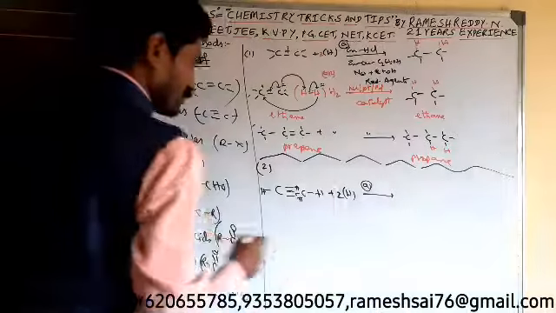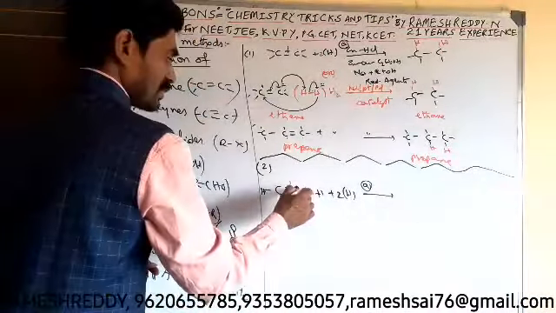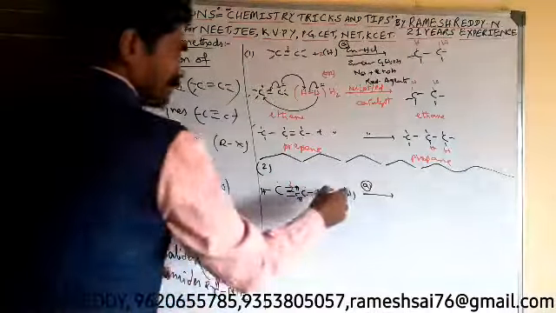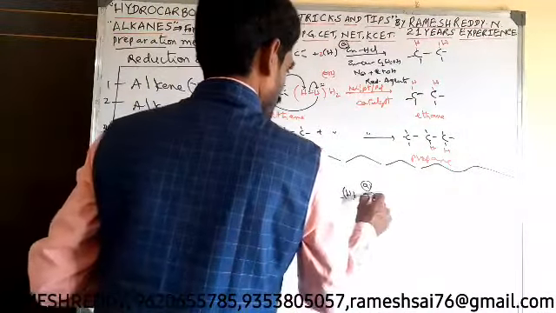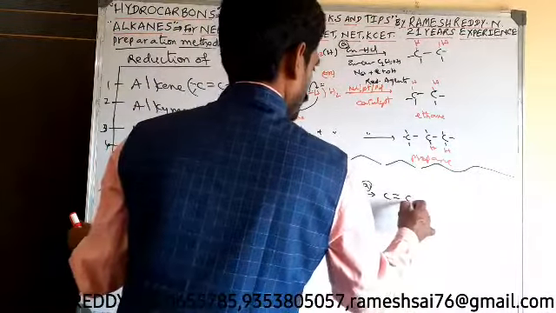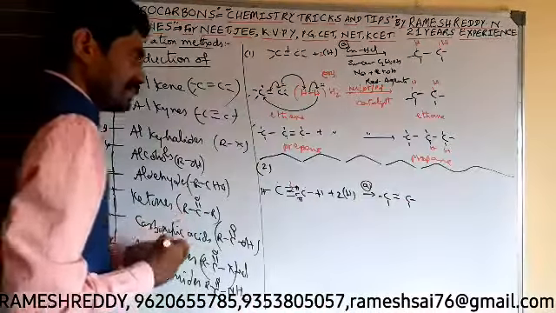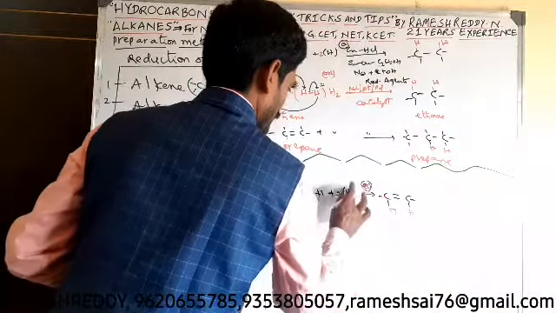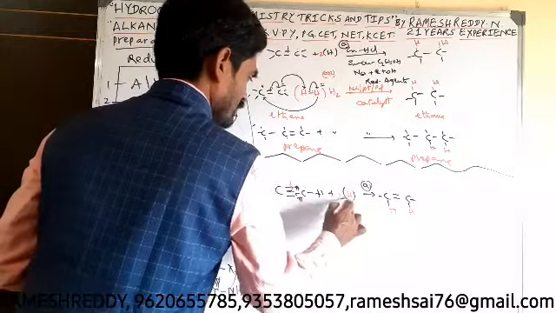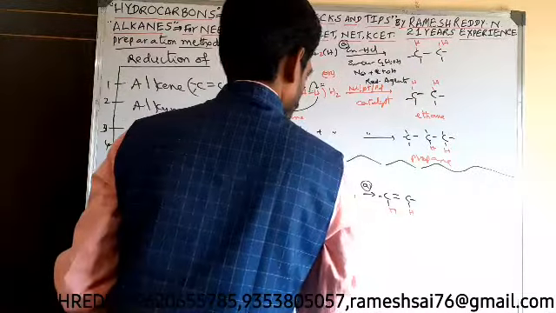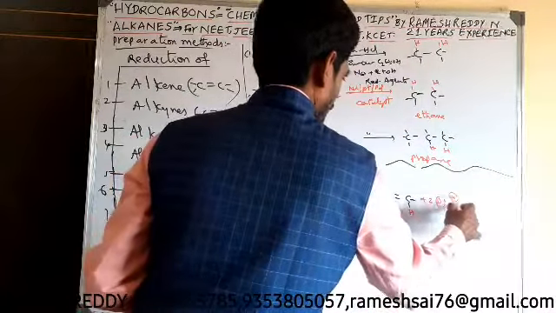Now here, it breaks one pi bond first, and to this carbon 1 hydrogen, to this carbon 1 hydrogen is bonded. Then first of all we will get alkene; the alkyne becomes alkene. Then in the next stage, you have to add another mole of nascent hydrogen in the presence of the same catalyst.